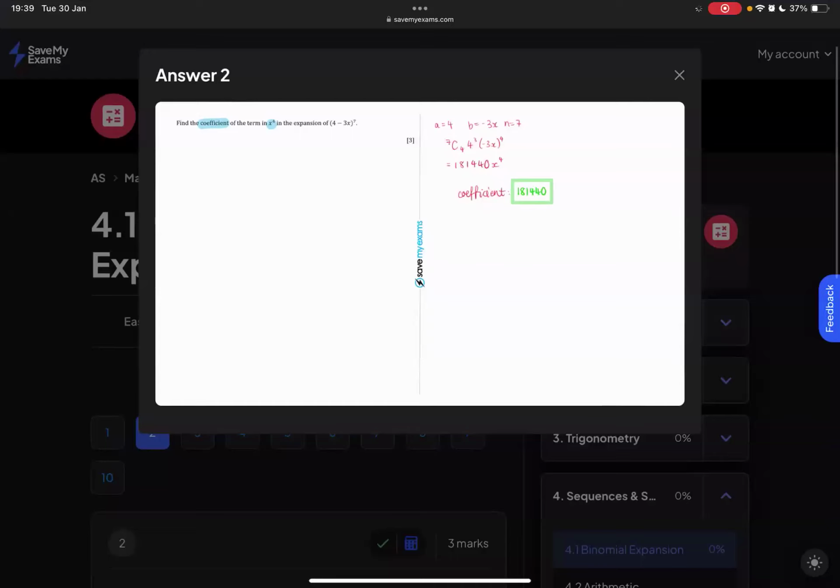Let me check the calculation. 7C4 is 7 into 6 into 5 into 4 into 3 into 2, that is 5040, divided by factorial 4 and factorial 3, that is 24 and 6.